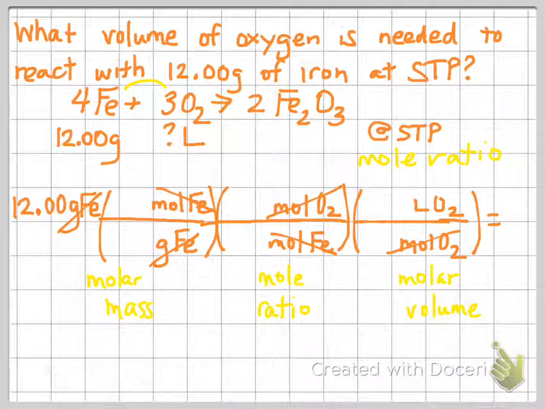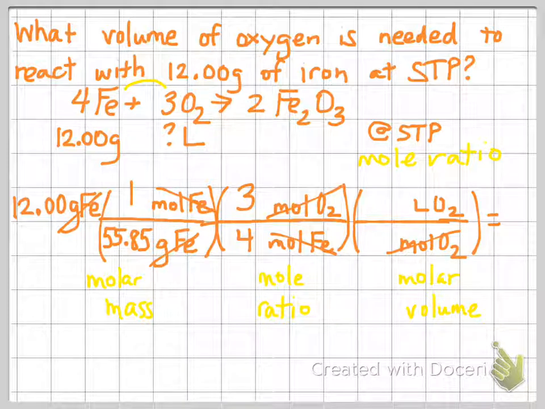So again, numbers for molar mass, easy number is 1 in front of moles, and we're going to use that same 55.85 as my mass from my periodic table. My mole ratio, I still get my numbers using my coefficients. My coefficient on oxygen is 3 and on iron it's 4.